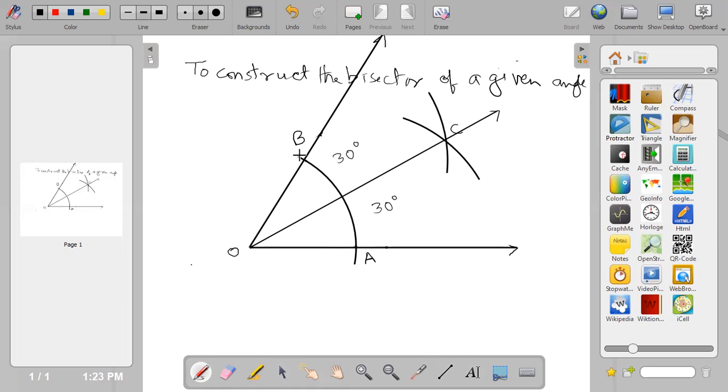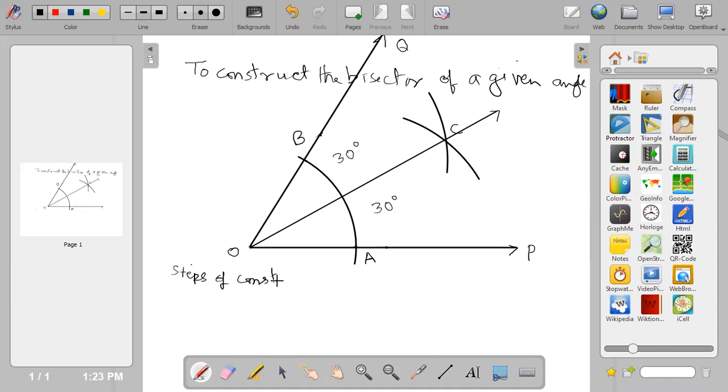With center O, draw an arc AB. Suppose this is your OP and OQ. So you can write the steps of construction.